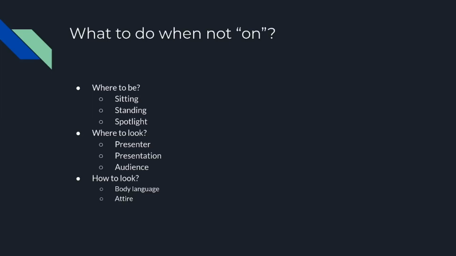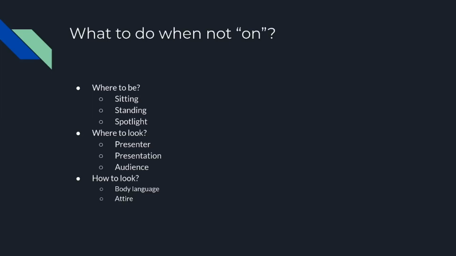So ideally you want the team members that are not on to be sitting or standing behind the presenter so that the presenter has the actual spotlight and everyone is looking at them. Now, where to look? If you're not on, you need to look at the presenter or the presentation, or look at the audience. This shows that either you're showing the audience where to look, or it shows the audience that you're paying attention to them.